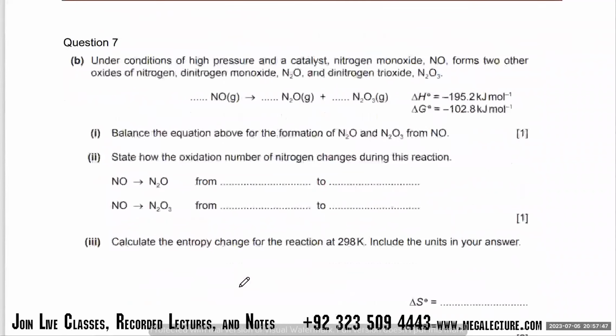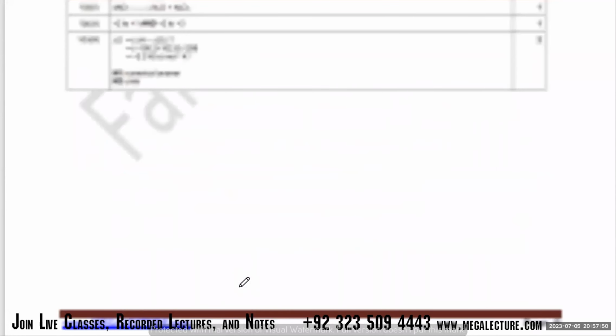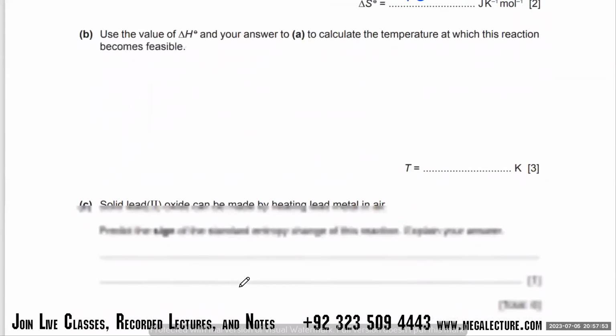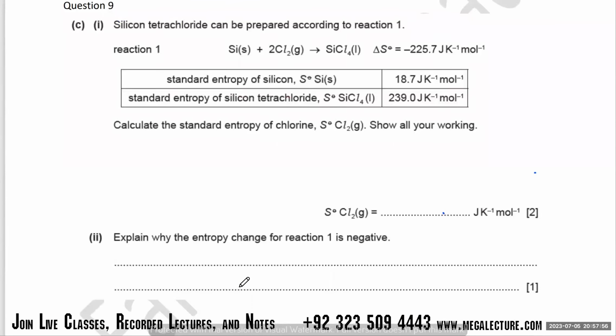Sometimes you could get the reverse question as well, which is that delta S is already calculated for you. So you know that delta S is product minus reactant, so it's 225.7. So it's the entropy of the product, which is over here as SiCl4, whose value is 239, minus my reactants. So Si is given as 18.7. And the other one, Cl2, that's not given.